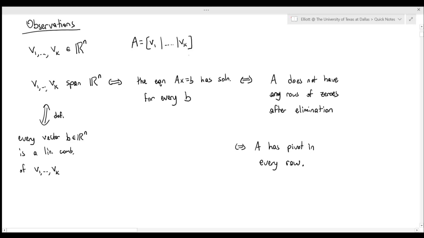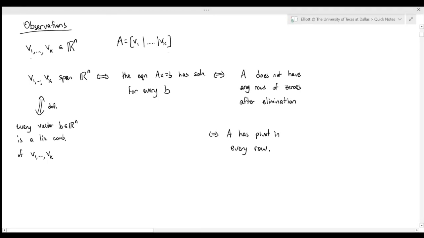So then next, I'll make one more quick comment about all of this, and then I'll move on to something else. In this situation where we have k vectors in Rn, looking at this matrix A, first we notice that it has k columns.